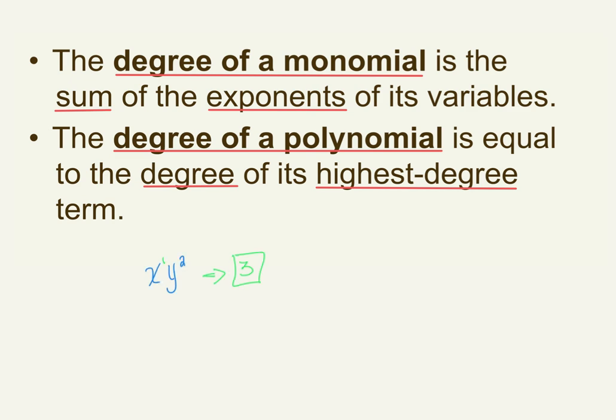The degree of a polynomial is equal to the degree of its highest degree term. So if I have a polynomial, which means that I have multiple terms added together, I'm going to look at the degree of each of these, and I'm going to say, well, the degree of the entire polynomial is the highest of those degrees.